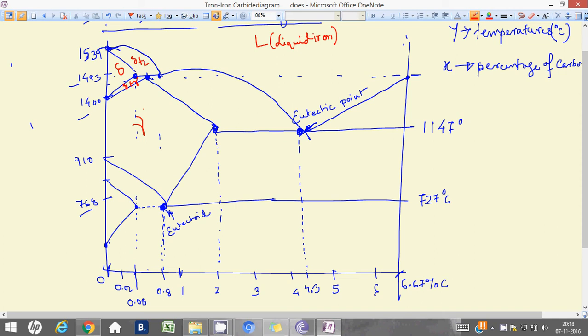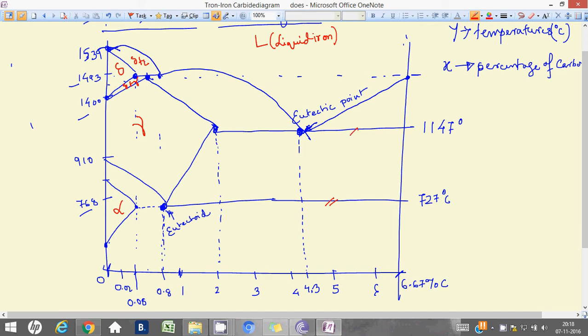Gamma is an austenitic structure. We'll come into what delta and gamma are about. And this portion is our alpha. This is alpha, meaning the ferrite. It is also a BCC structure. So this transformation line can be called the eutectic line.